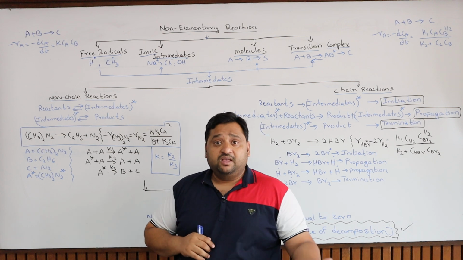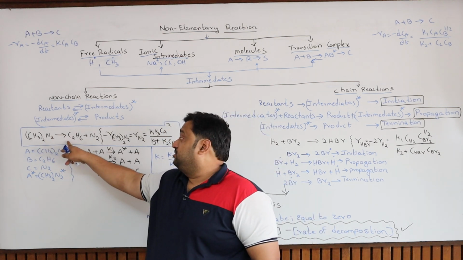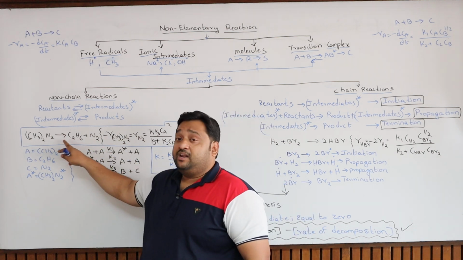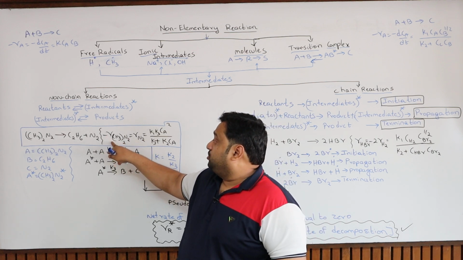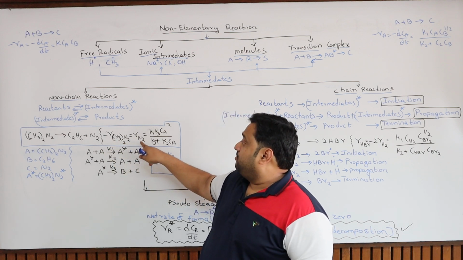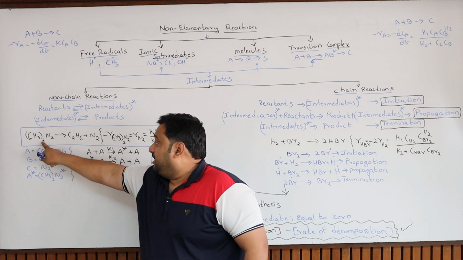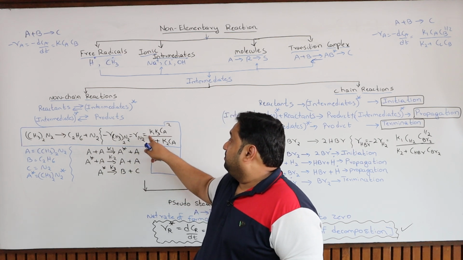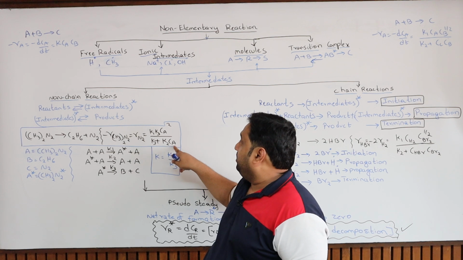For example, for non-chain reactions, azomethane gives rise to ethane plus nitrogen. If you look at the rate expression, the rate of decomposition of azomethane, which is equal to the formation of nitrogen (for the reactants we take a negative, for the products we take positive), is nothing but K1 K3 Ca square divided by (K3 plus K2 Ca).